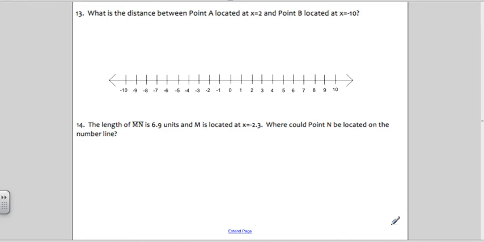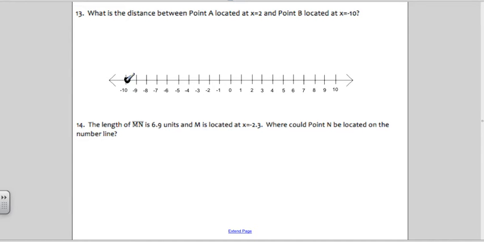Okay, number 13. What is the distance between point A at x equals +2, and point B located at x equals -10? So first thing I need to do is I need to plot those points.